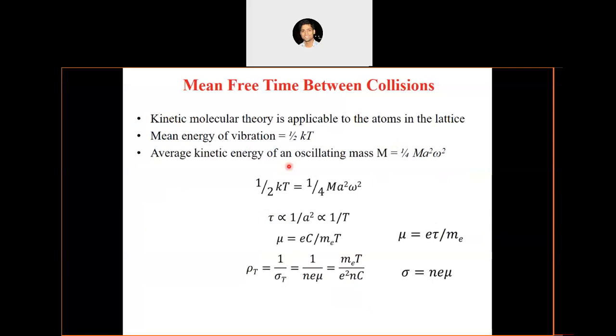If they follow the kinetic molecular theory, that means the mean energy of vibration should be equal to half kT in any particular direction. The mean energy of vibration should be equal to half kT. And the average kinetic energy of an oscillating mass, if a mass is oscillating, we have read that earlier also, right?